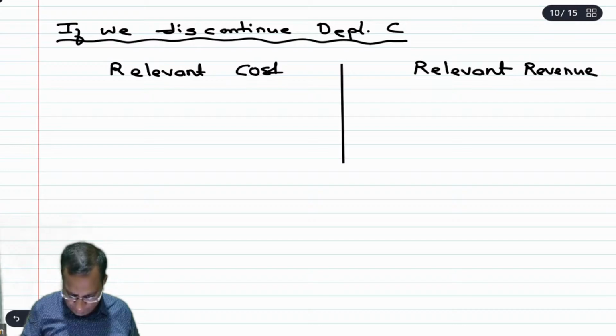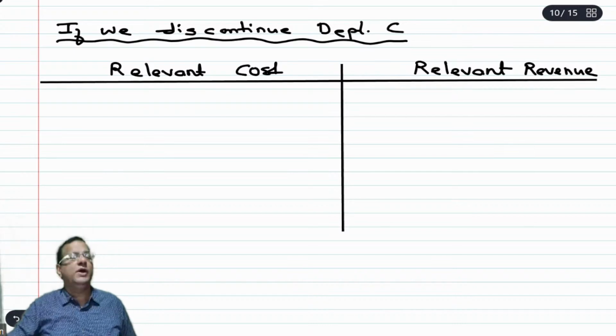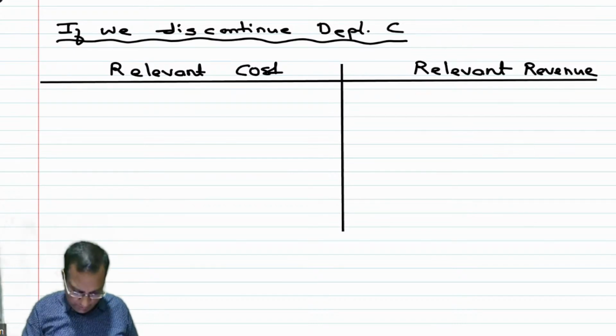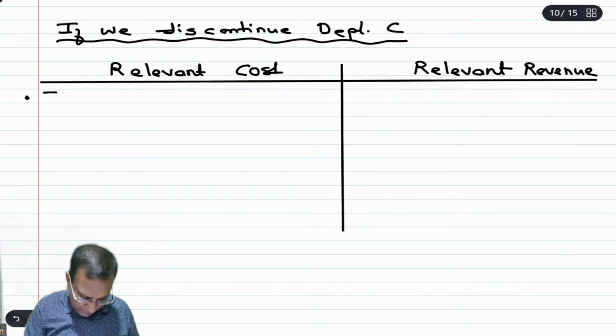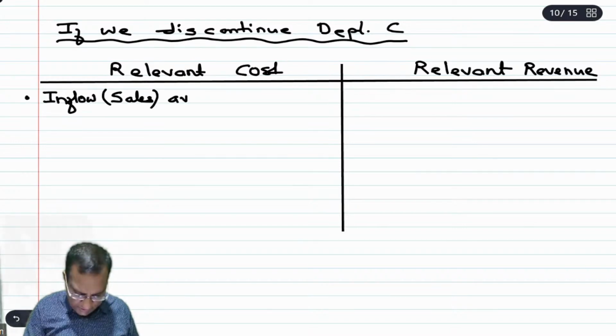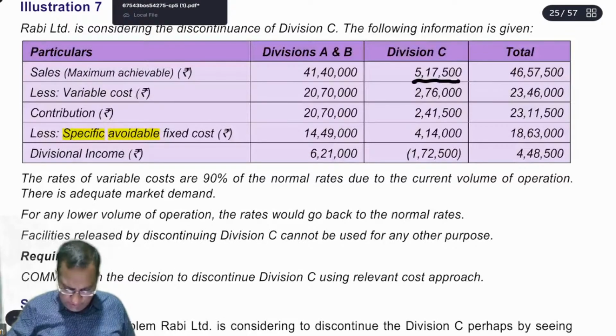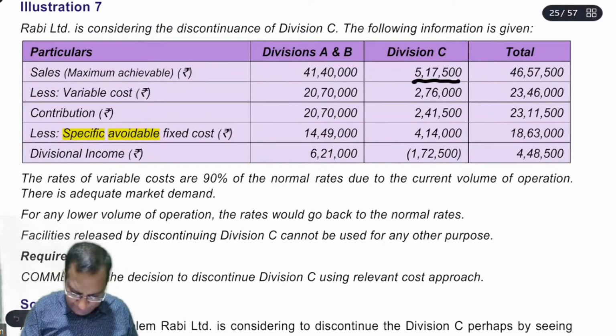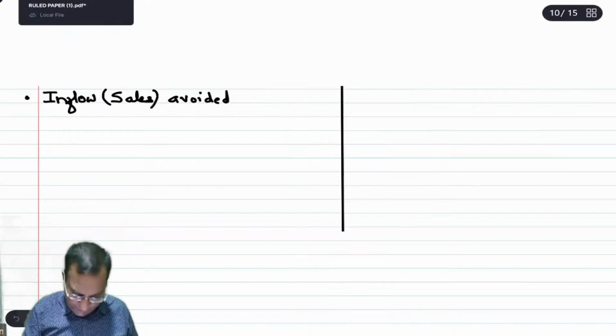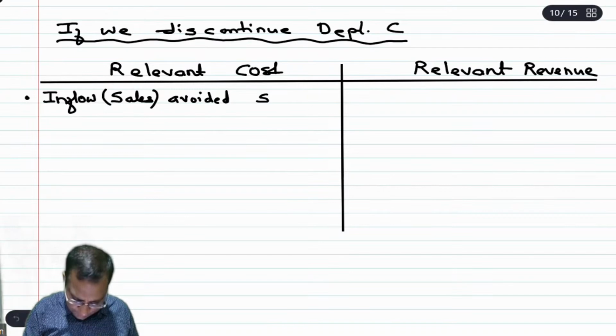Okay, beta. Now, very first point, if we discontinue department C, inflow in the form of sales revenue will be avoided. So therefore, it will be a relevant cost, inflow of sales avoided due to discontinuation of department C. What is the amount of it? 5,17,500.